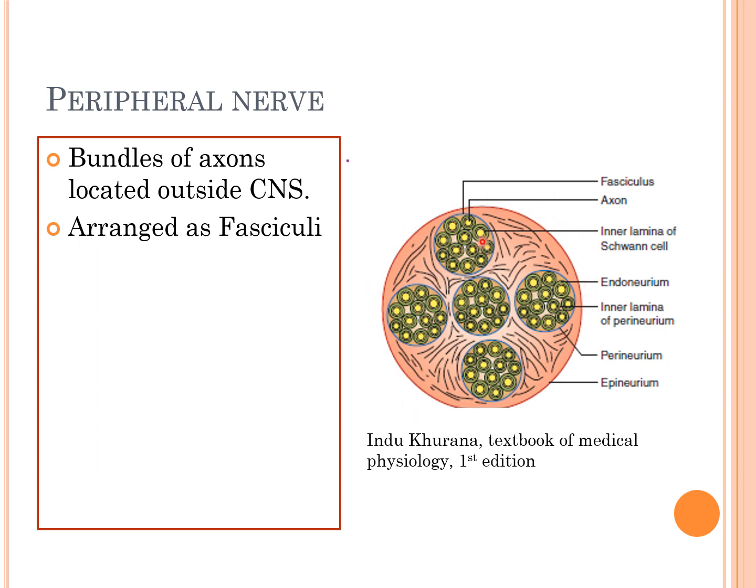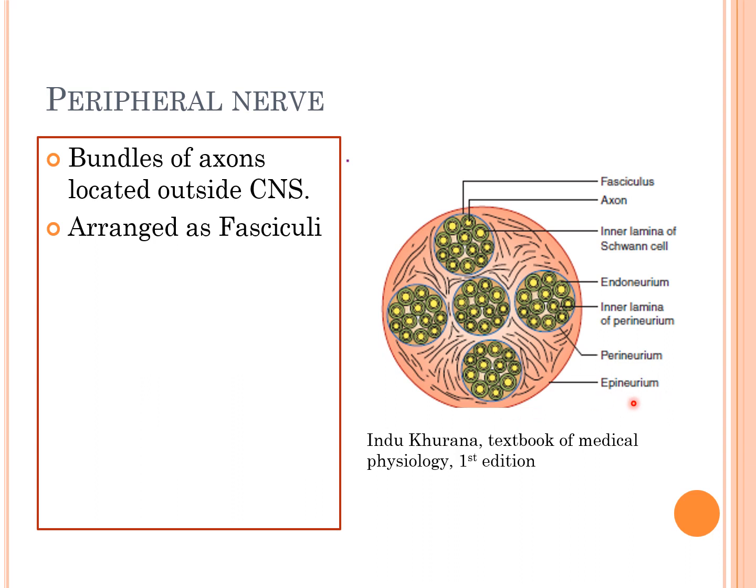The single nerve fiber is covered by a connective tissue which is called endoneurium, and there are many nerve fibers which are collectively termed fasciculi. Each fasciculus again is covered by connective tissue which is called perineurium, and all the fasciculi together form the nerve, and this nerve is again covered by a connective tissue which is called epineurium.